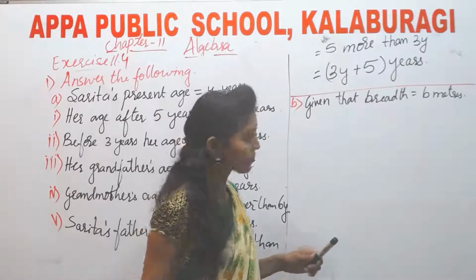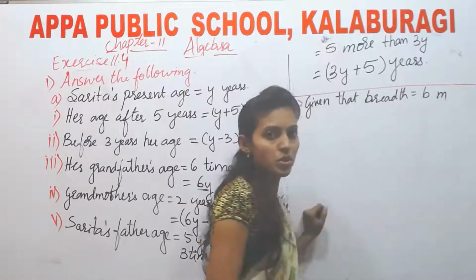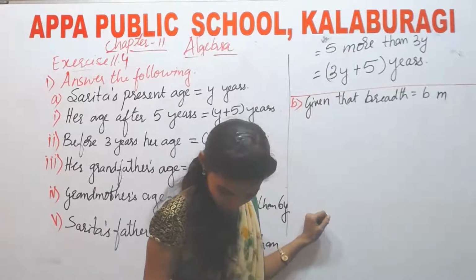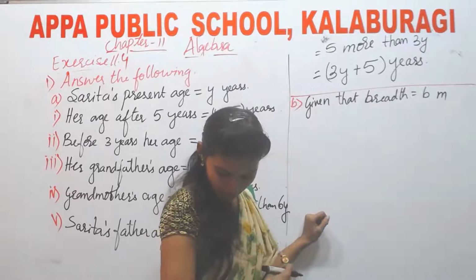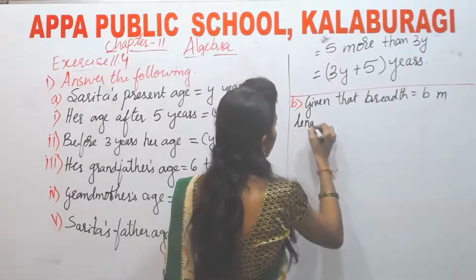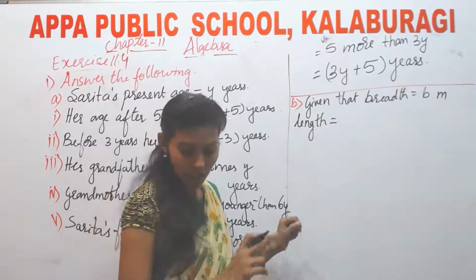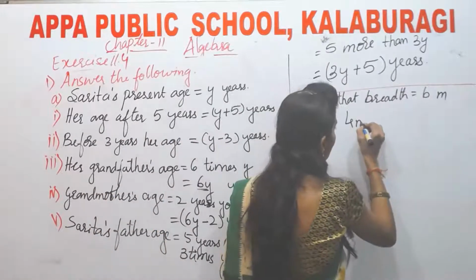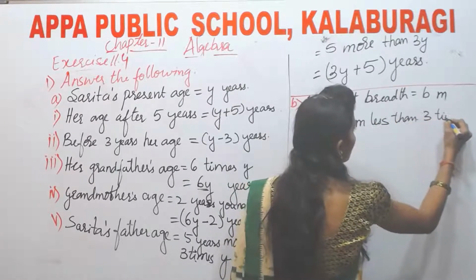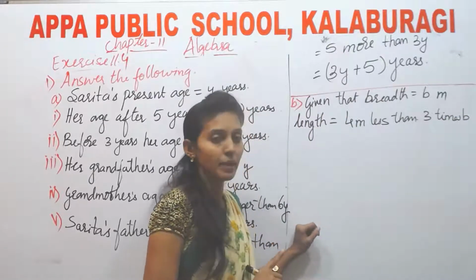If I write only m, don't get confused, it is the meter unit. Length is 4 meters less than 3 times breadth, and breadth is nothing but b.